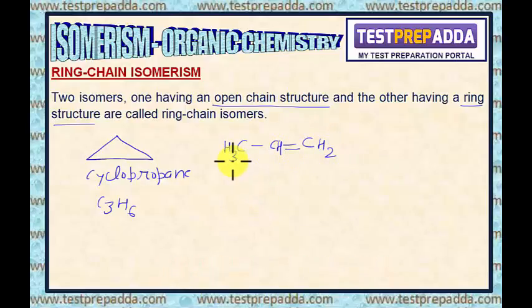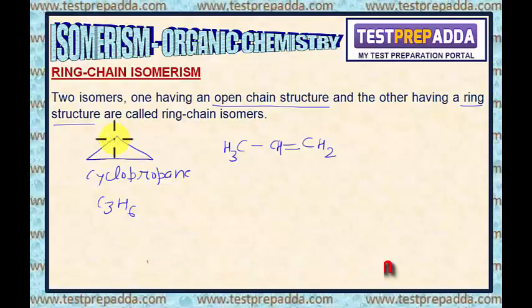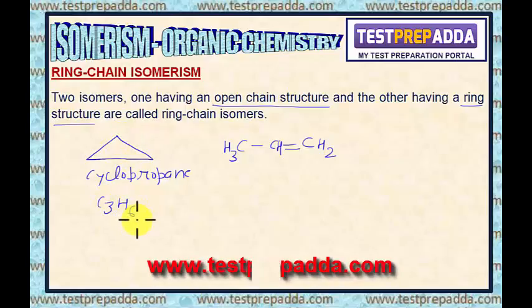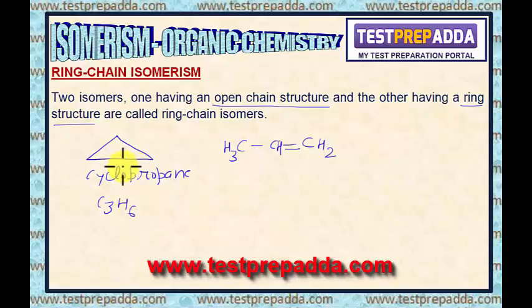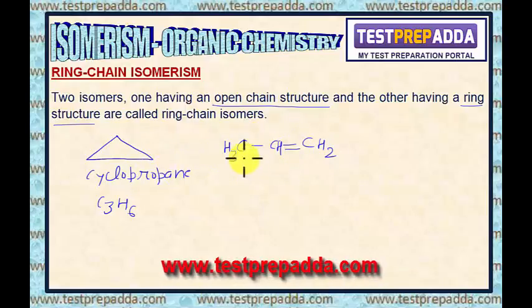So you can say this is the open chain compound with the molecular formula C3H6, and this is a cyclic compound with the molecular formula C3H6. So both have got same molecular composition but different structures. One is in ring form and another one open chain. That is why these two are ring chain isomers.